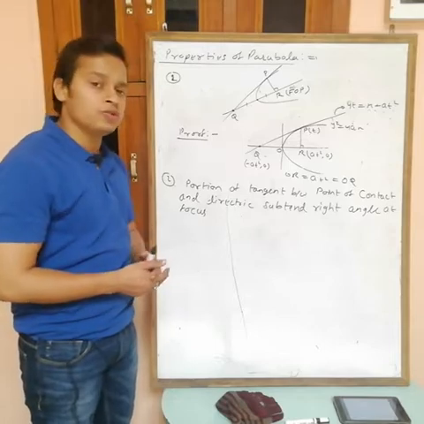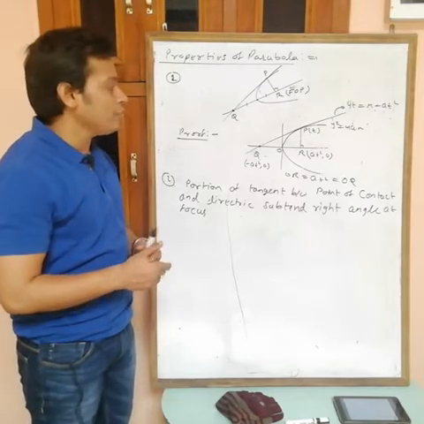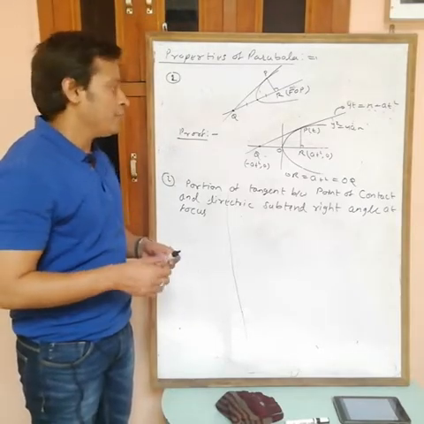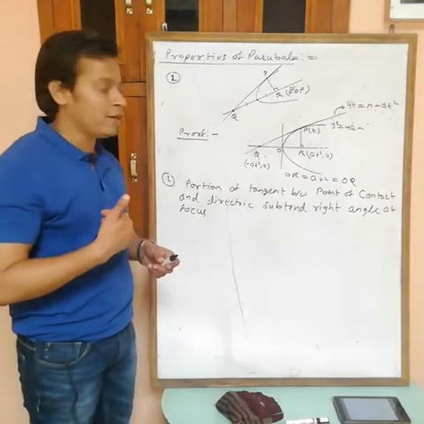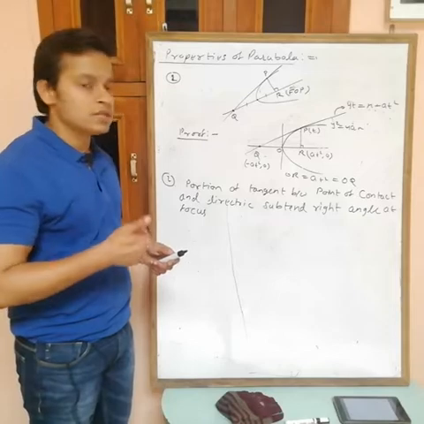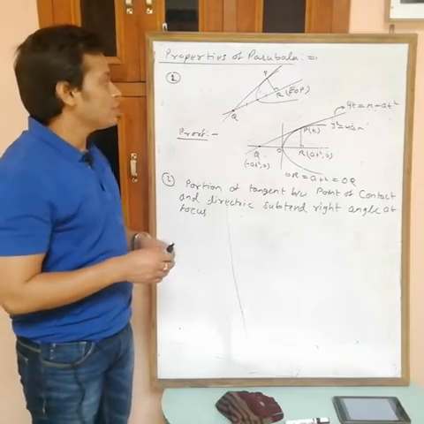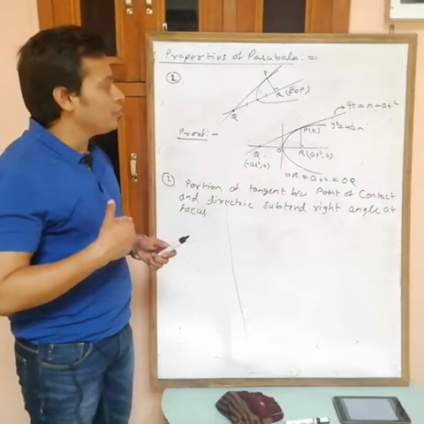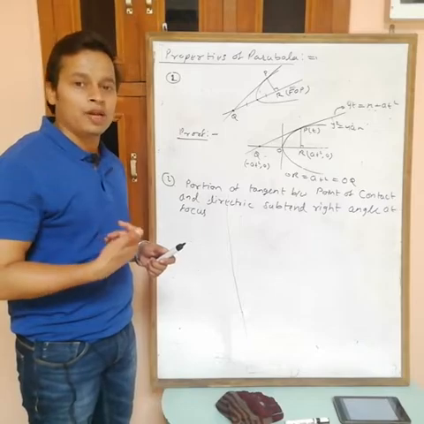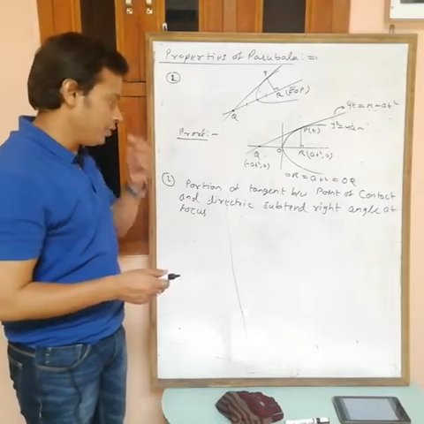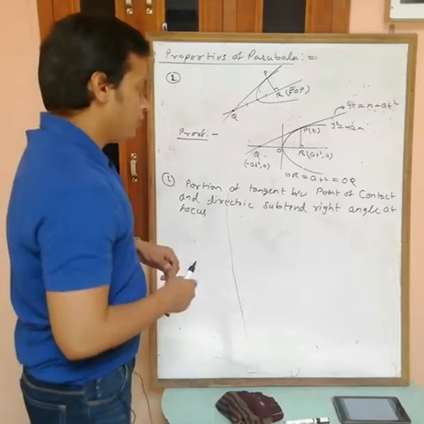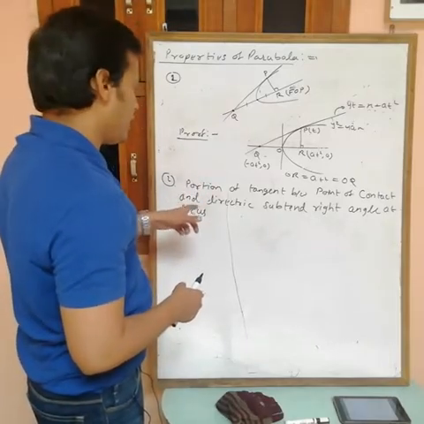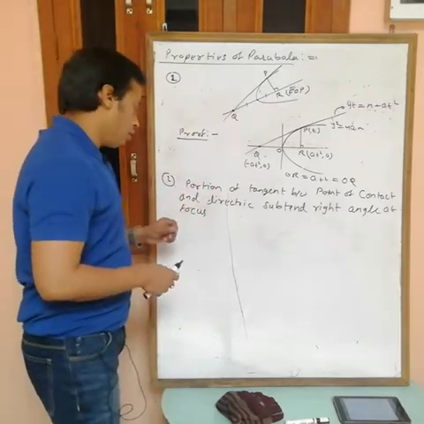This is also true for all parabolas, general or standard, it doesn't matter. A standard parabola means the axis is either the x axis or the y axis. If the axis of the parabola is not parallel to the x or y axis, then that parabola is known as a general parabola. No problem. So the portion of the tangent between the point of contact and the directrix subtends a right angle at the focus.